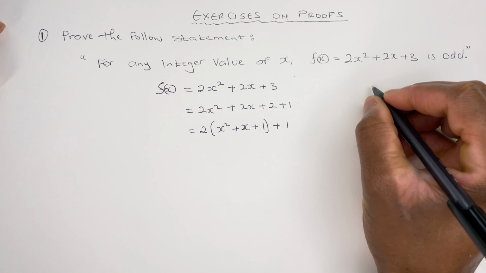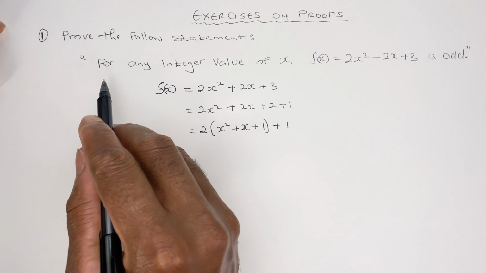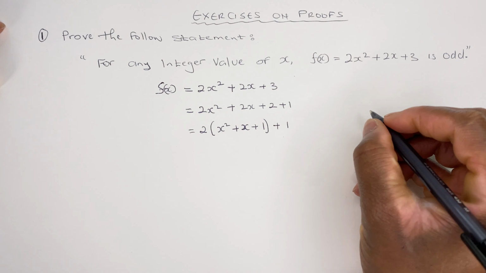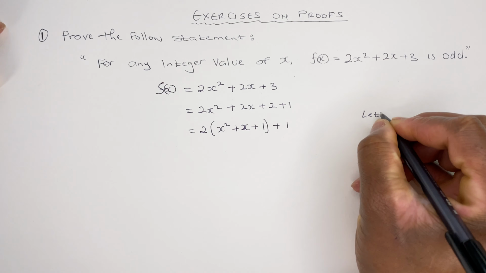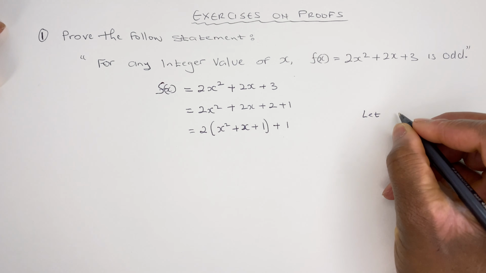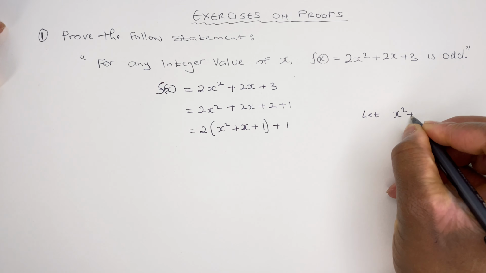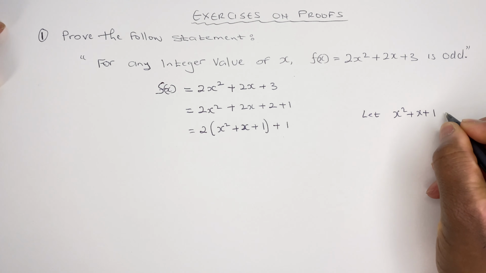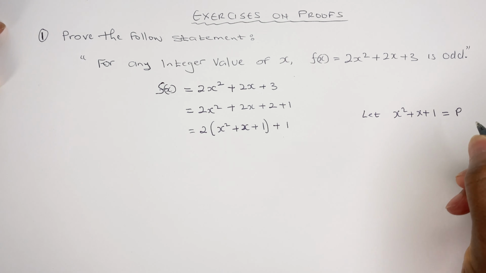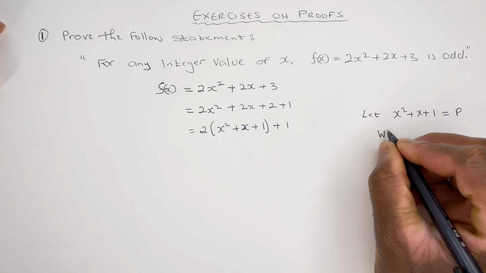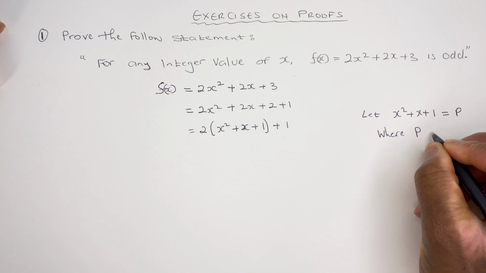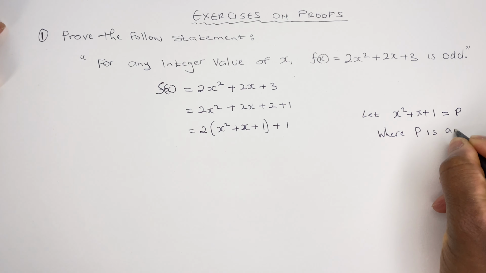Now remember that we know this is for any integer value of x, so let's let x squared plus x plus 1 equal p, where p is an integer.